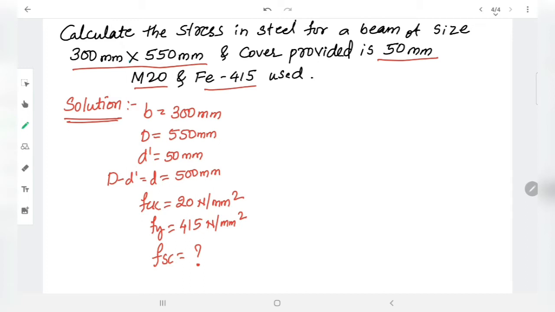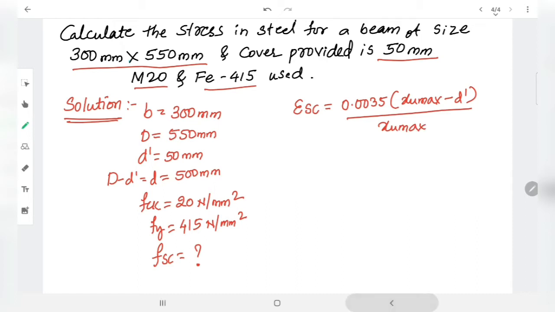Here all the data is given to you. First, I will find the value of epsilon SC. Epsilon SC is equal to 0.0035 into bracket XU max minus D dash divided by XU max.